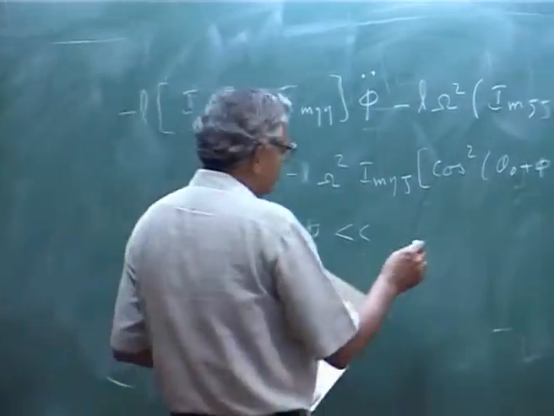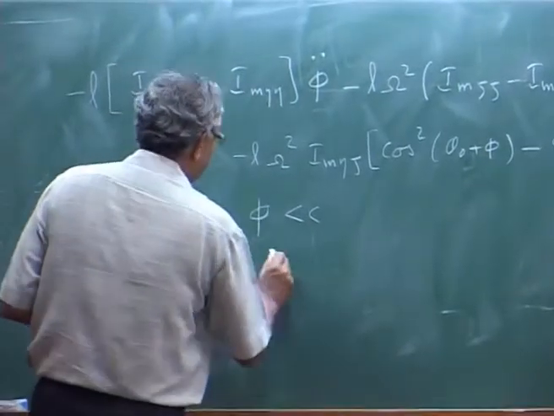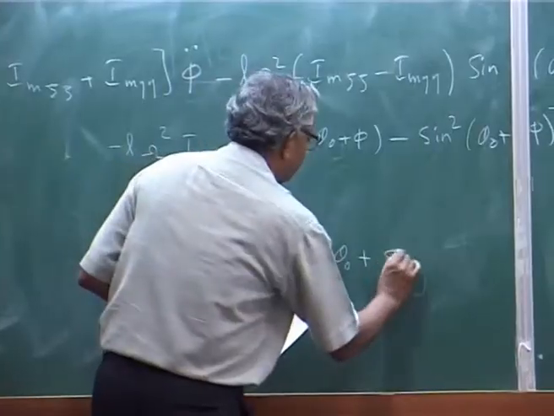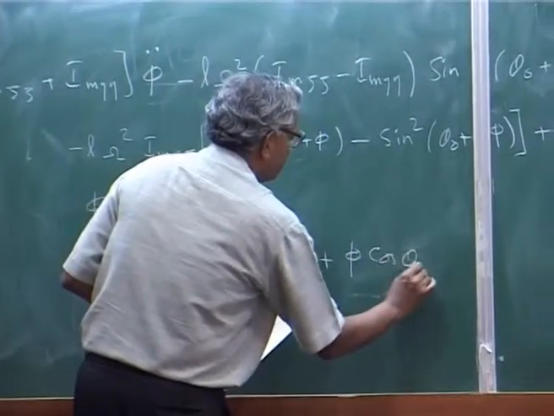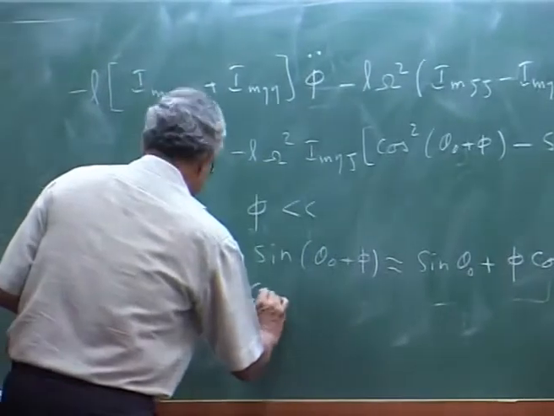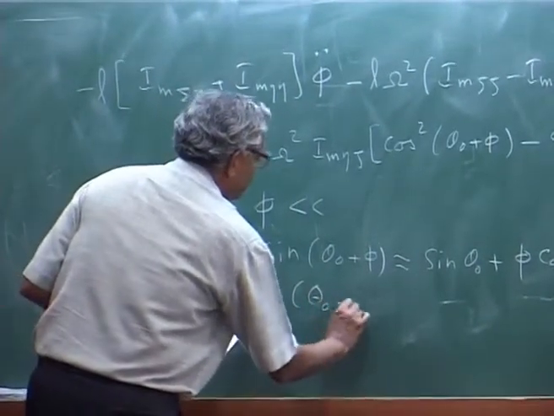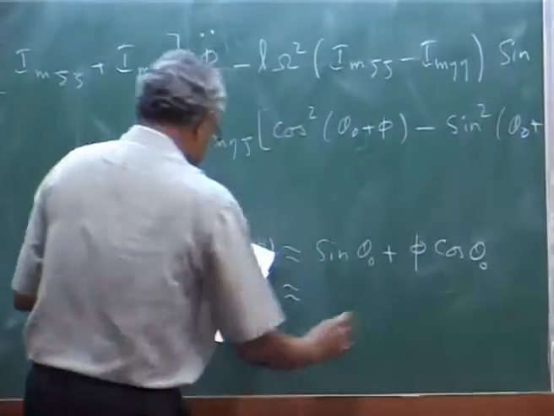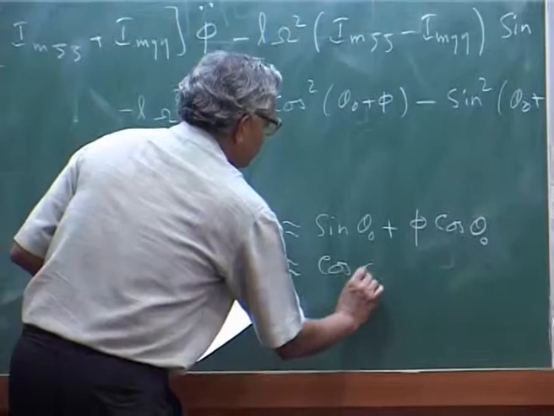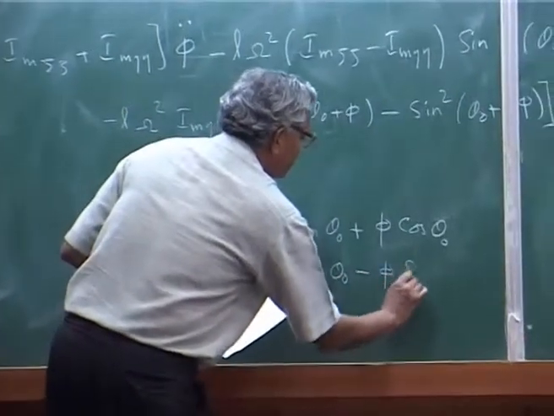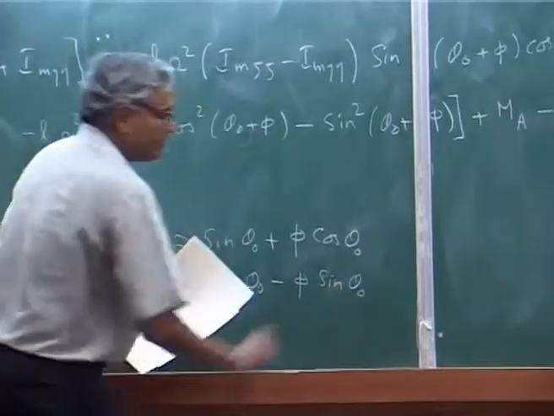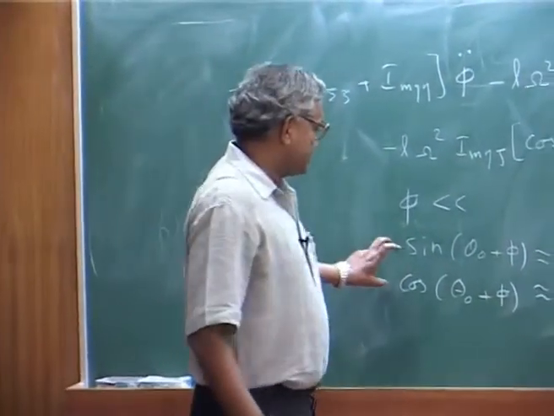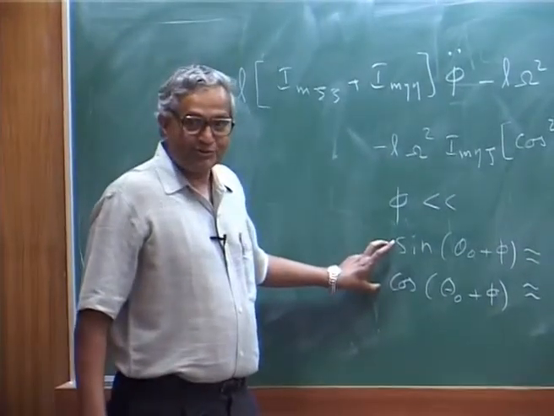Then you can approximate sine of theta naught plus phi as sine theta naught plus phi cosine theta naught, and cosine as cosine theta naught minus phi sine theta naught. Okay, and this you have to substitute.